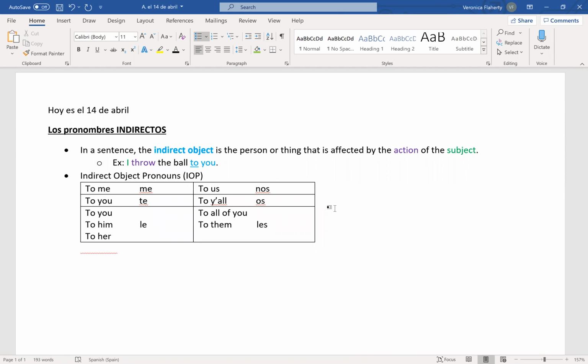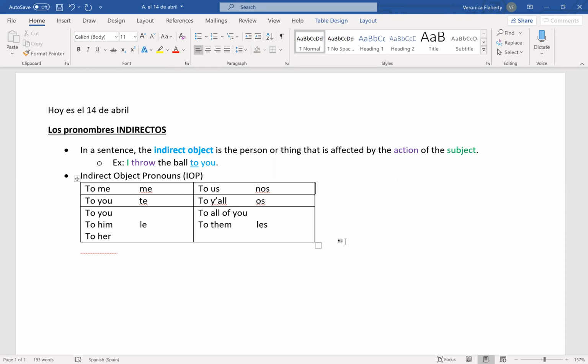Sometimes it could be at, like I throw the ball at you, which is a little bit different. But in English, there are usually two words, maybe a few more if it's all of you. And in Spanish, they're just one very short word. Do you guys remember looking at these when we were talking about gustar? Okay.